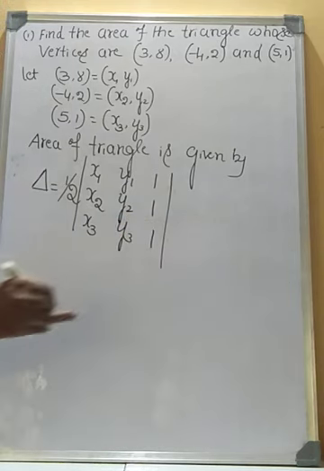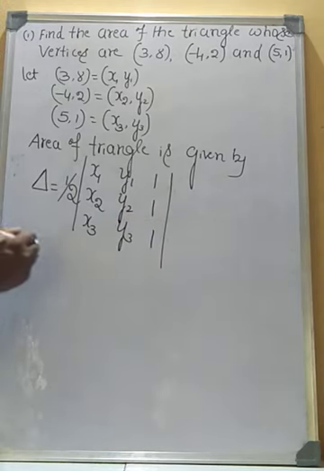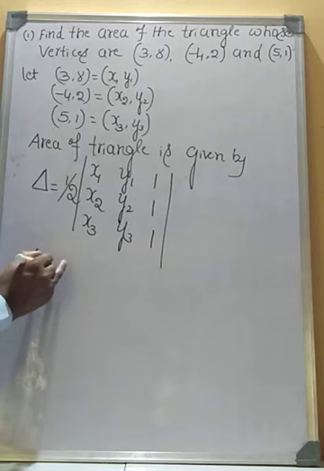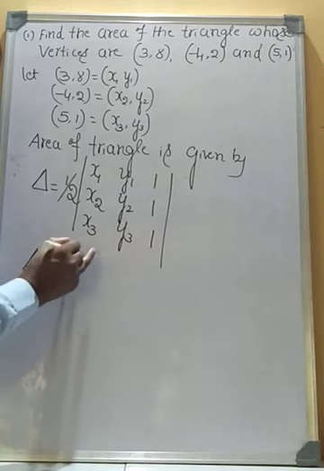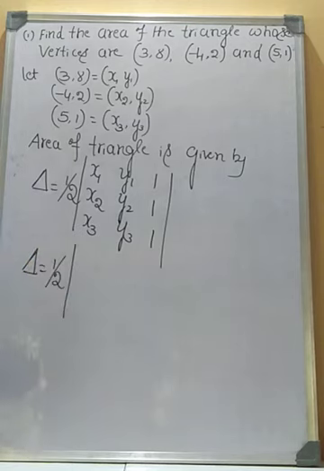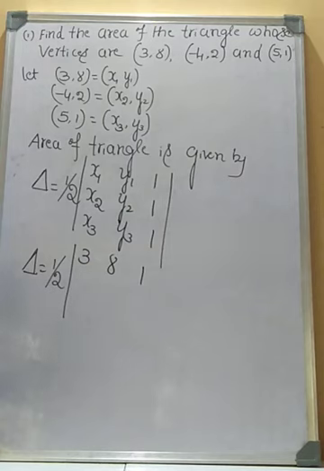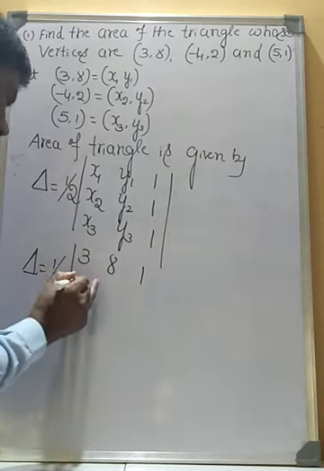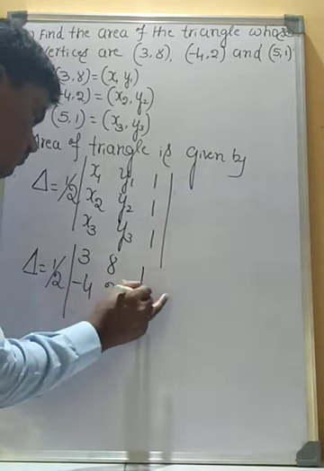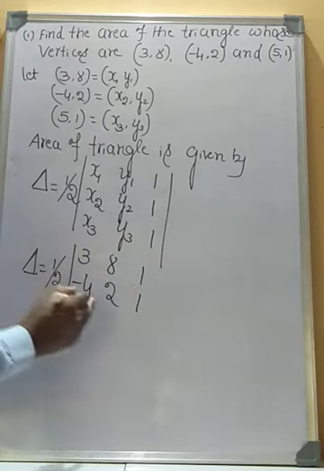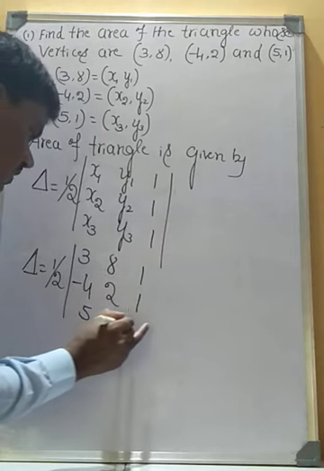Therefore delta is equal to 1 divided by 2 determinant of 3, 8, 1, minus 4, 2, 1, 5, 1, 1.